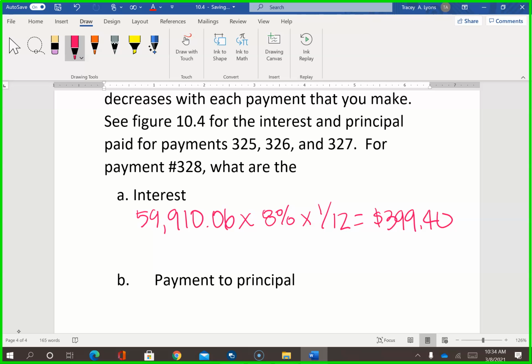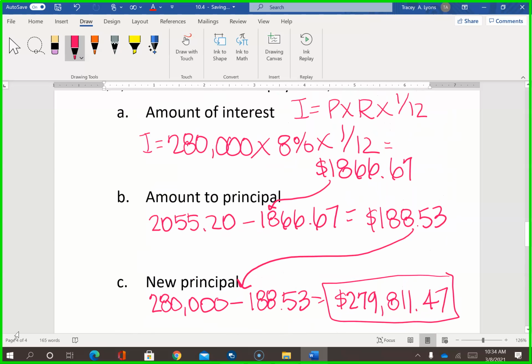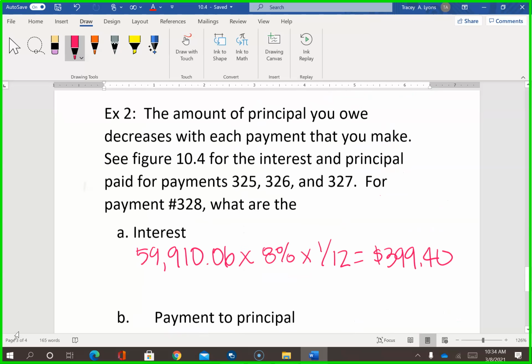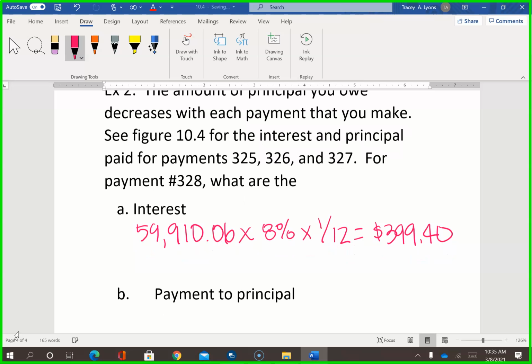So at the beginning, this person had $1,866.67 going toward interest. Now they only have $399. So the balance is less. That's why you owe less interest. As it keeps getting smaller, this interest amount should get smaller as well.